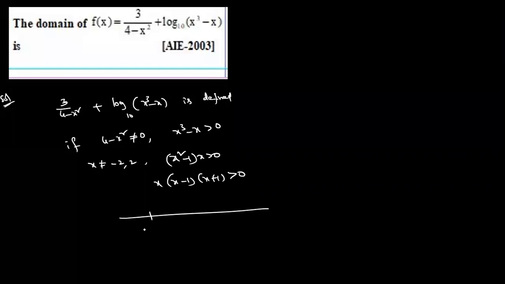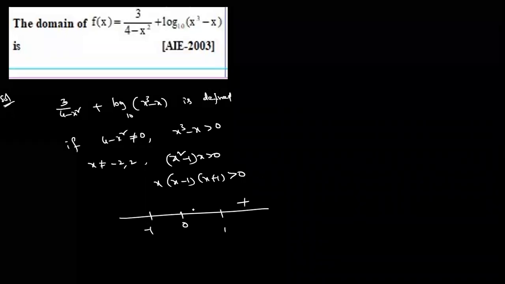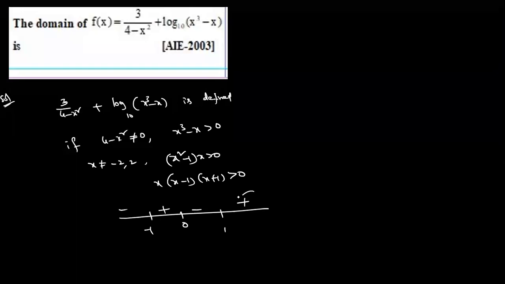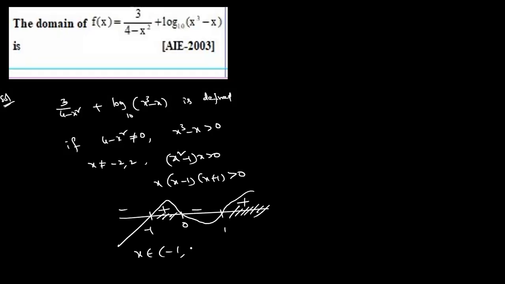Wavy method: the roots are minus 1, 0, 1. More than 1 is positive, then negative, positive, negative. Greater than 0 means this is the region we should take. So x belongs to minus 1 to 0 union 1 to infinity, and x must be not equal to minus 2, 2.